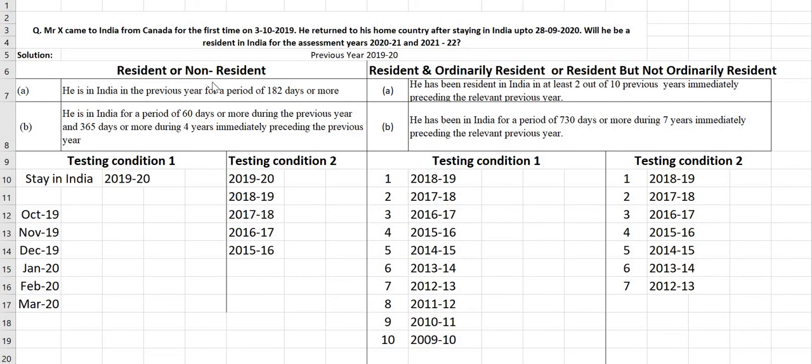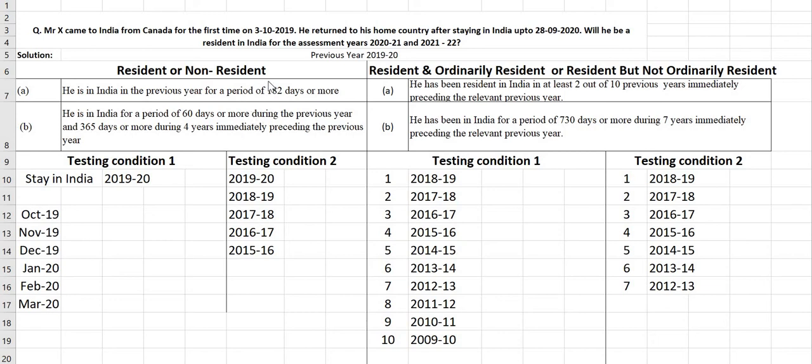As we all know, first of all we have to check whether the person is a resident of India or non-resident. To confirm that, he has to satisfy any one condition. Either he should be in India for a minimum period of 182 days in the previous year, or, if he is not able to satisfy this condition, he should satisfy this one: he should be in India for 60 days in the previous year and 365 days in the 4 years immediately preceding the previous year.